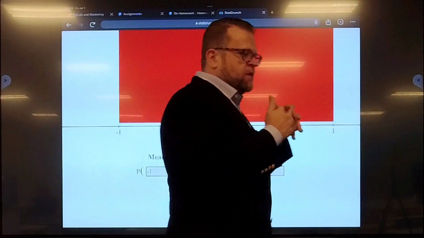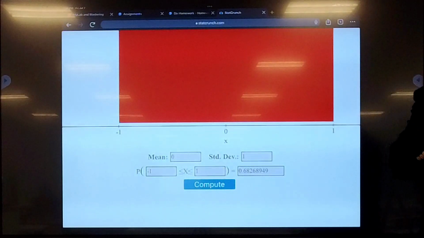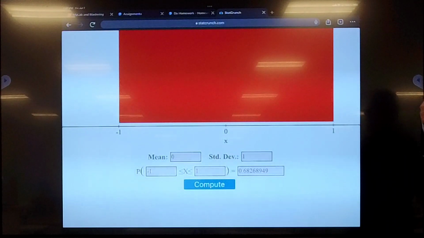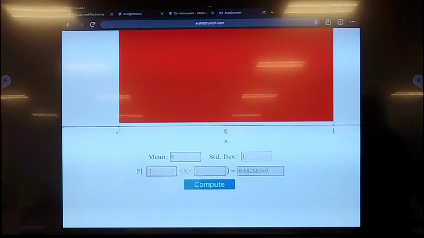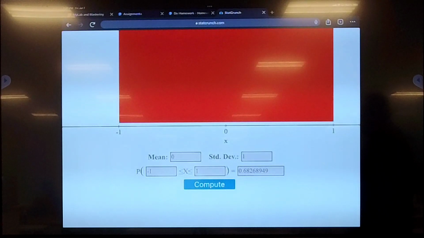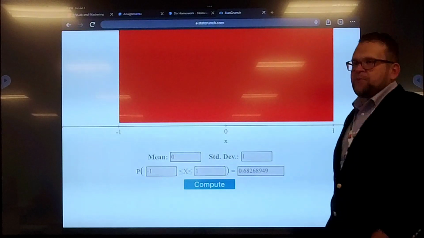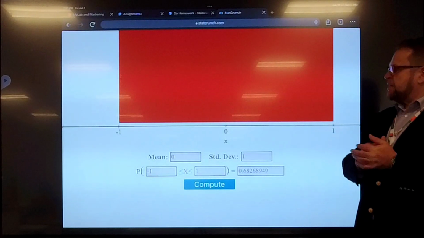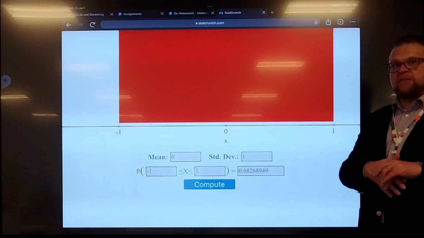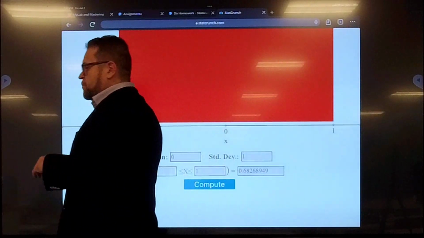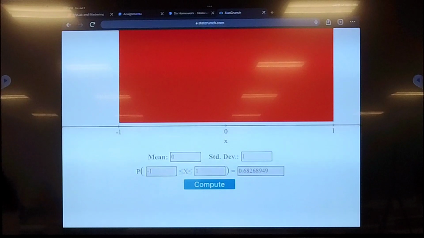It says that 68% of the observations occur within one standard deviation of the mean. Within 2 standard deviations of the mean, you have 95% of the observations. And within 3 standard deviations of the mean, you have 99.7% of the observations.